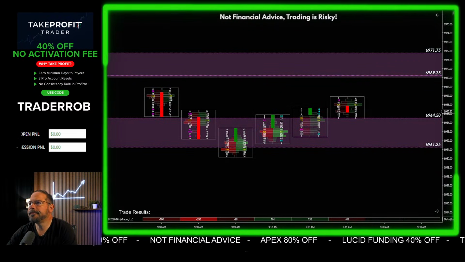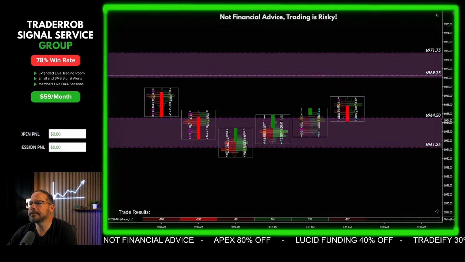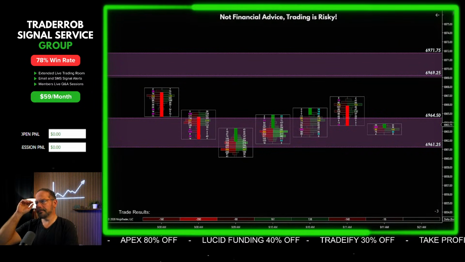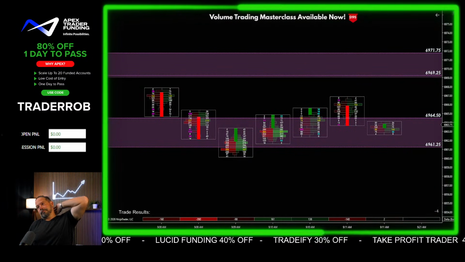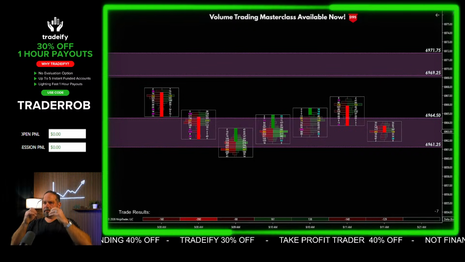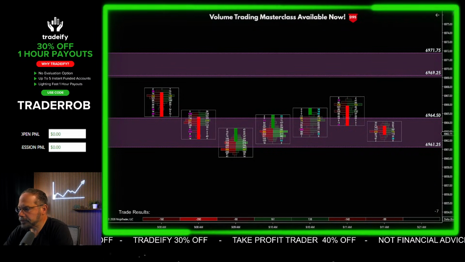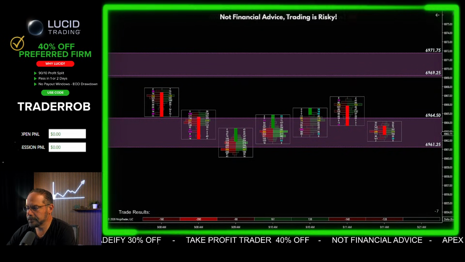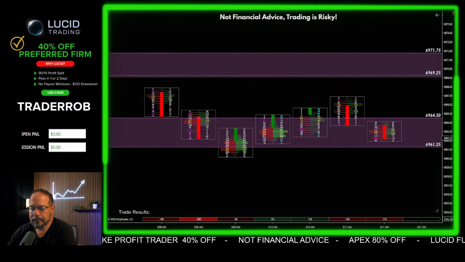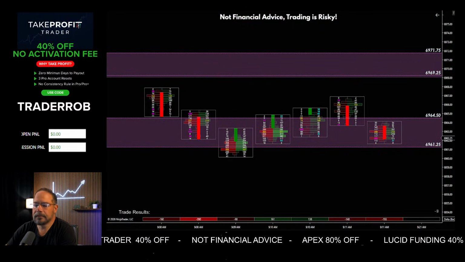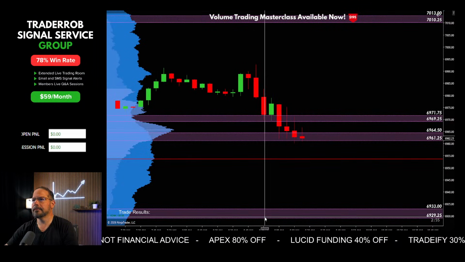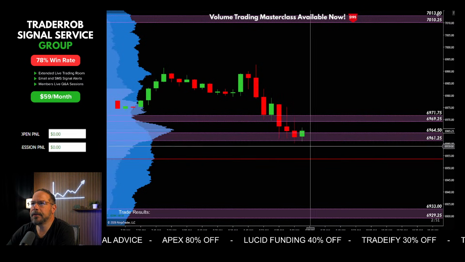Okay. Again, pretty ugly price action in between these two bands right now.